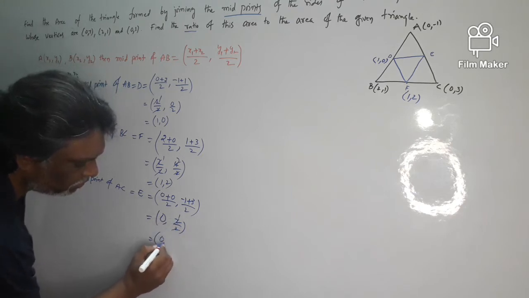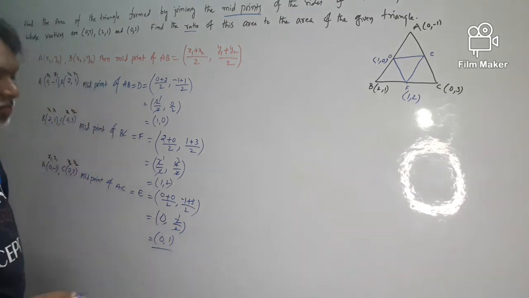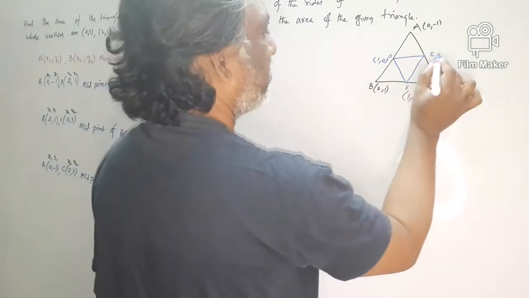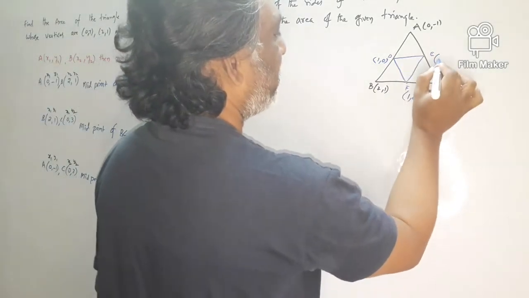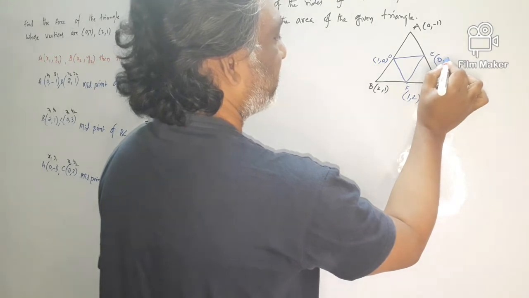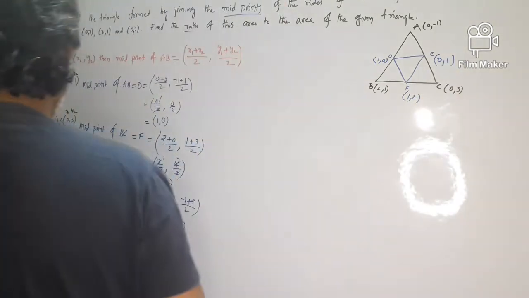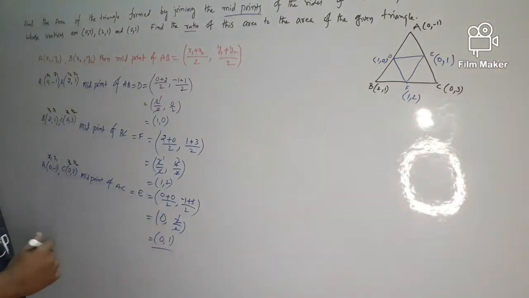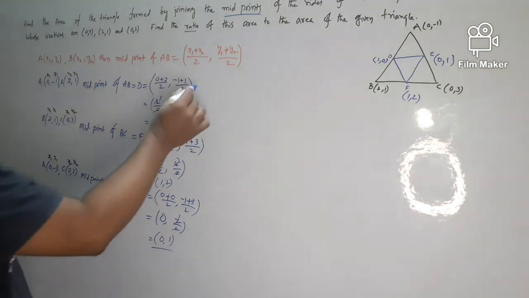So (0, 1) is the midpoint of AC. E is (0, 1).